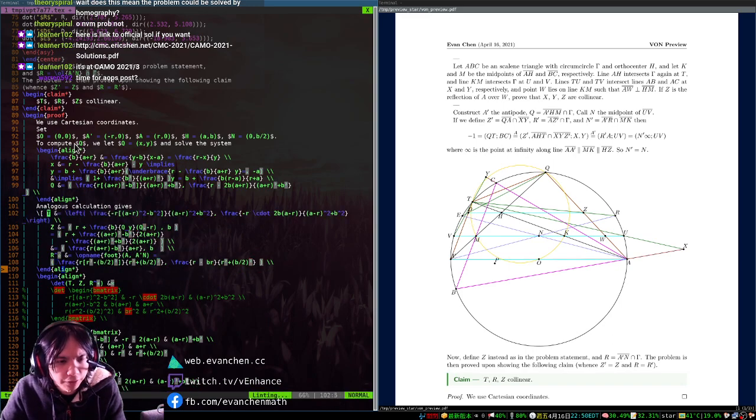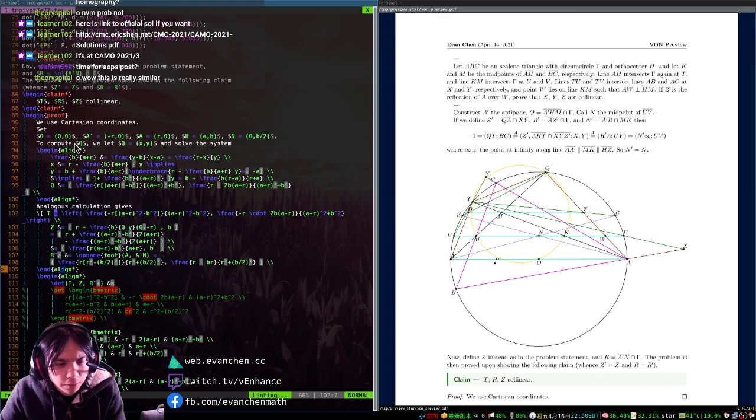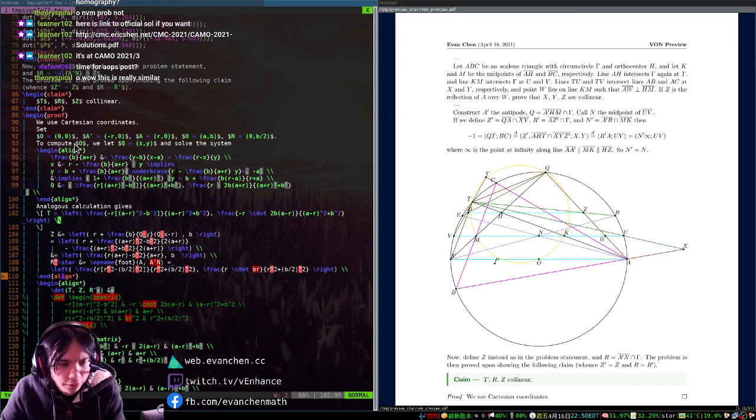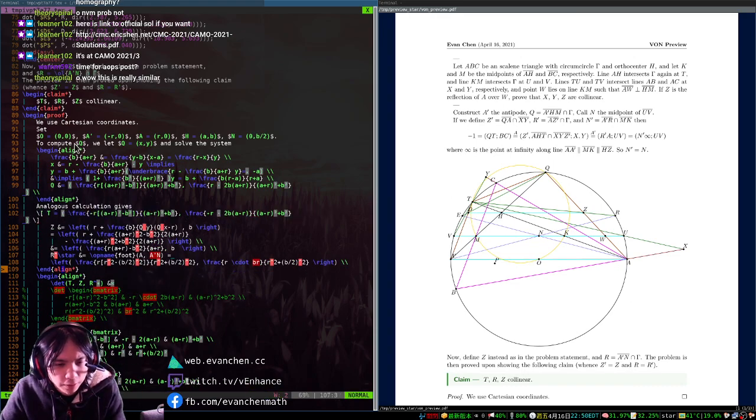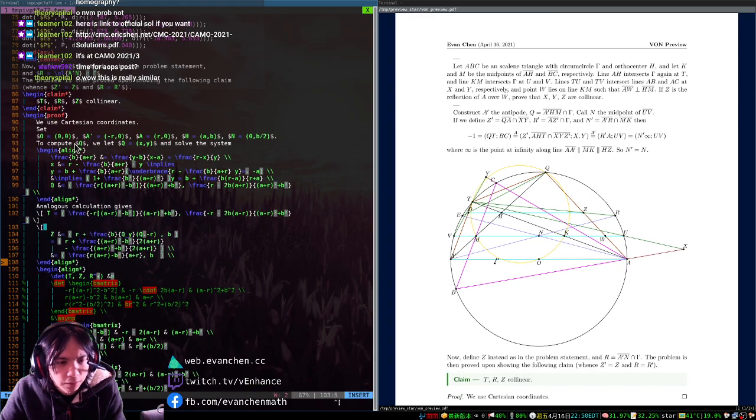The analogous calculation will give t, and I called it r star because I was being stupid, but we can just call it r.